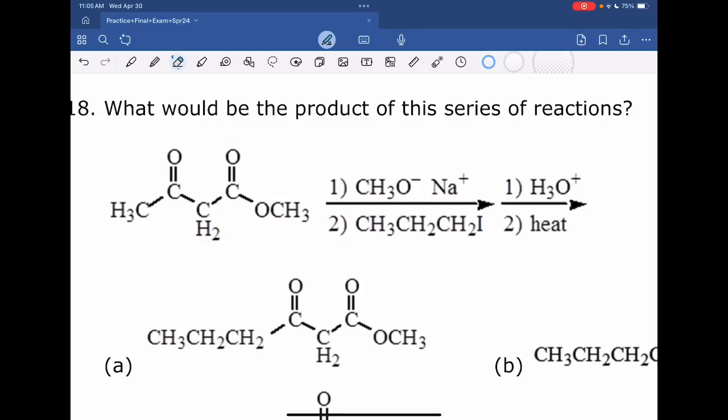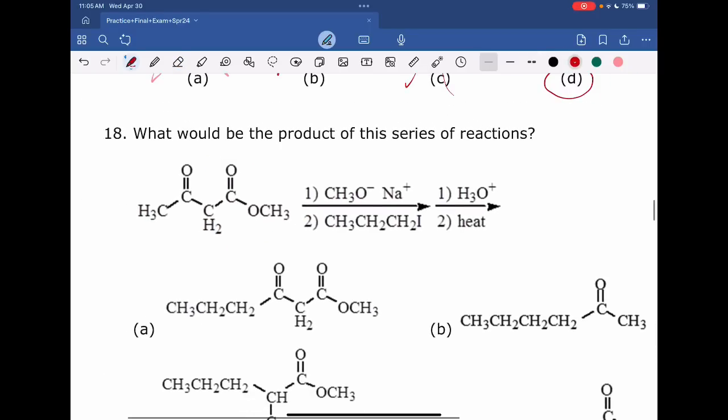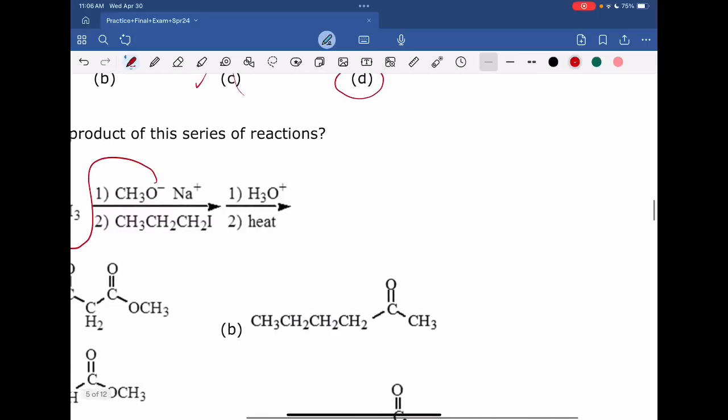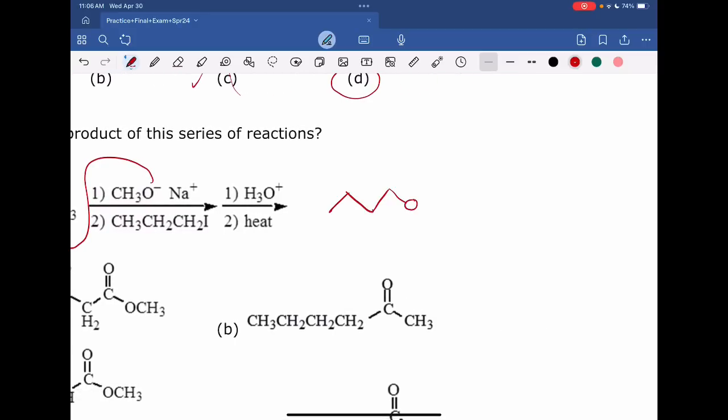So let's do this. The first thing that's going to happen is the base grabs the H and you form a carbanion. You have a negative charge here.